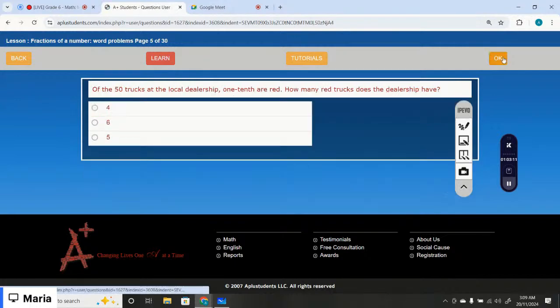Of the 50 trucks at the local dealership, one tenth are red. How many red trucks does the dealership have?